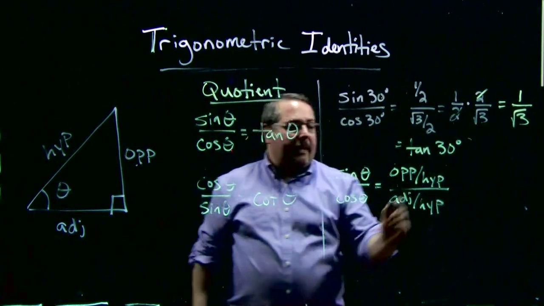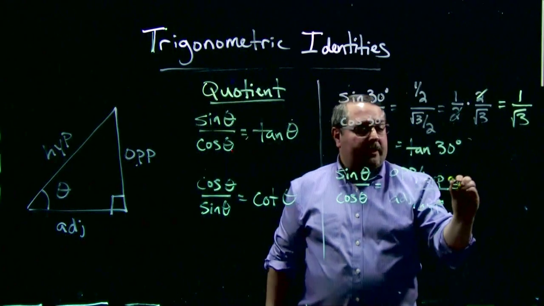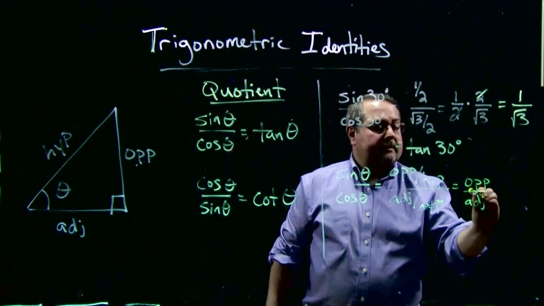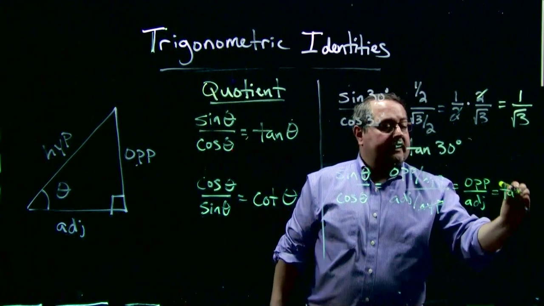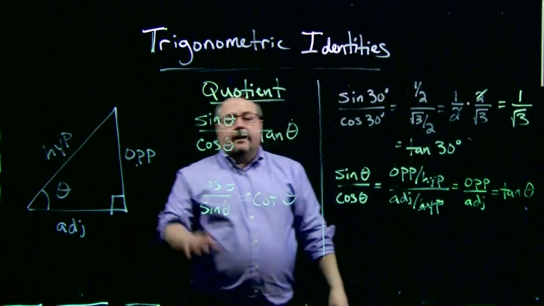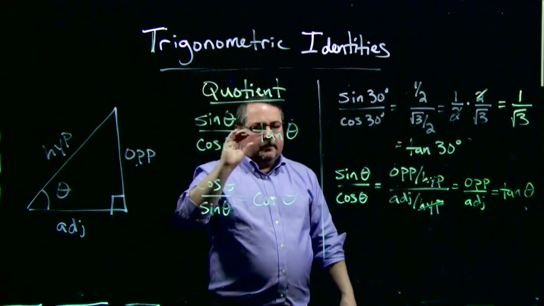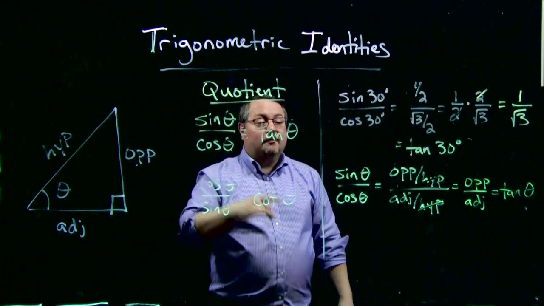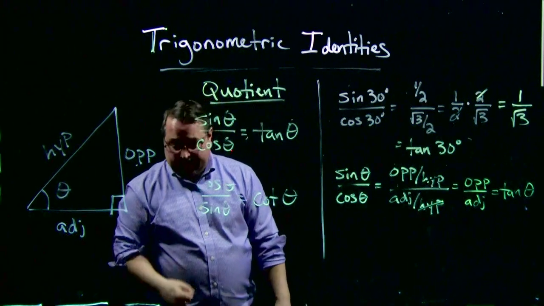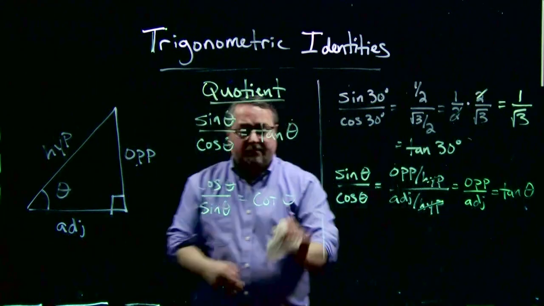Okay, and the hypotenuses will cancel out, and we'll be left with opposite over adjacent, okay, which is exactly the tangent of theta. And the cotangent identity is very similar. So now we're going to have adjacent over hypotenuse divided by opposite over hypotenuse is adjacent over opposite, which is exactly the cotangent. Okay, so that is the quotient identities.